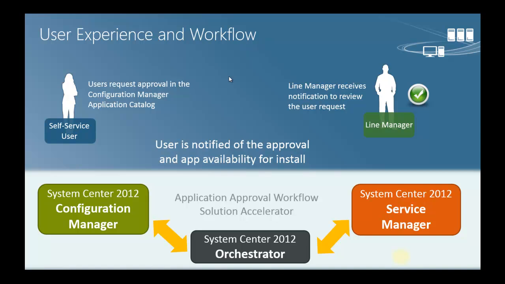The user is going to be notified of the approval through the software center present on any agent-managed computer, any computer with the Configuration Manager client by default. So the little bubble comes up in the system tray telling the user their request has been approved and their software will be installed soon. And it's going to be installed in accordance to their maintenance window, essentially.